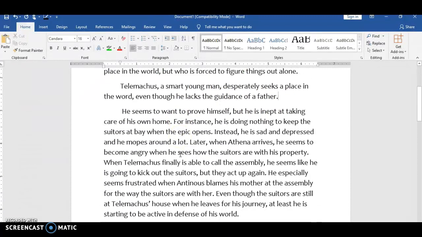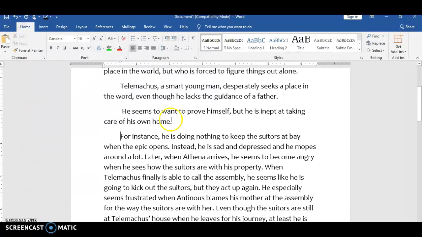Let's look at the second sentence. He seems to want to prove himself, but is inept at taking care of his own home. Okay, so let's examine that sentence. We know that seems is a linking verb, and then we've got another infinitive here, to want to prove. That seems like a lot of words to get across one idea.